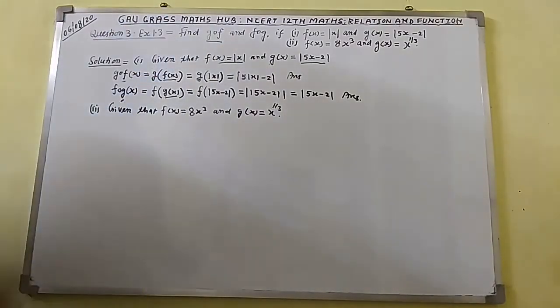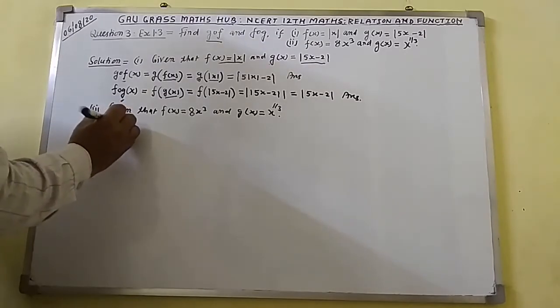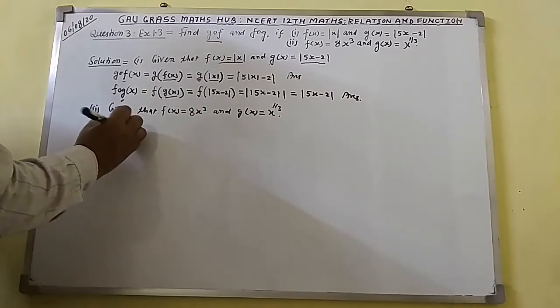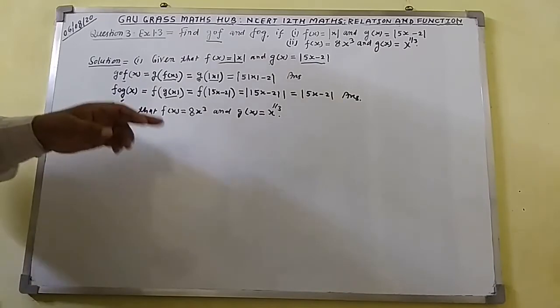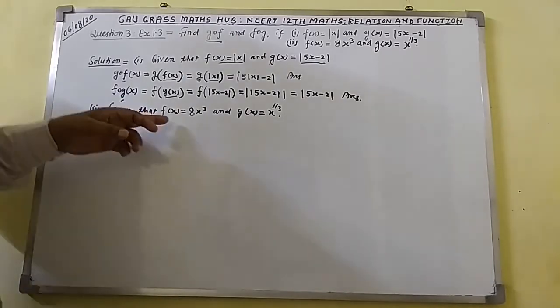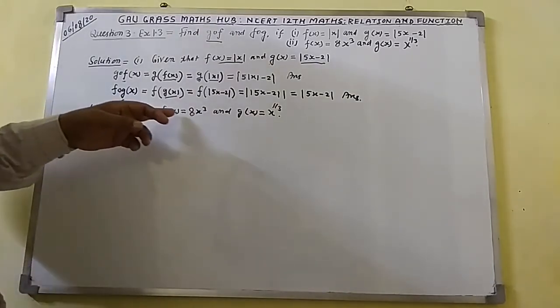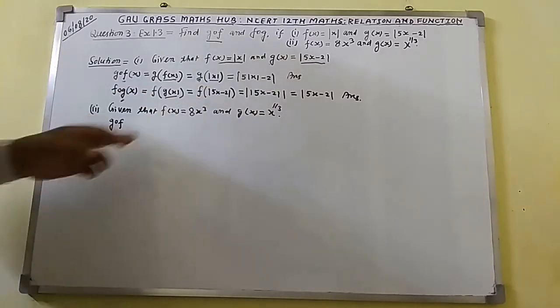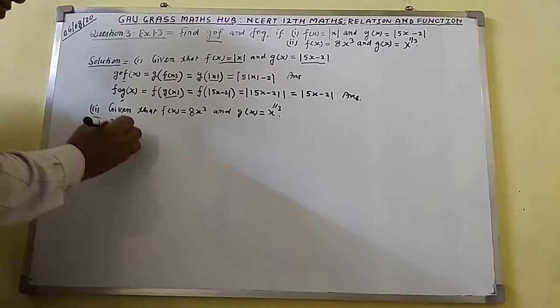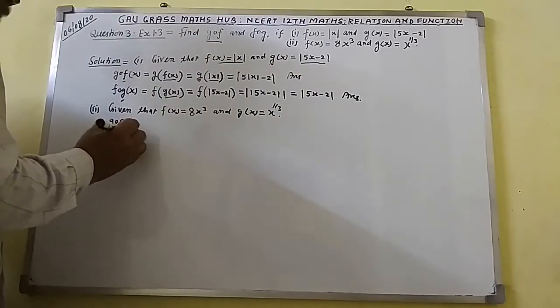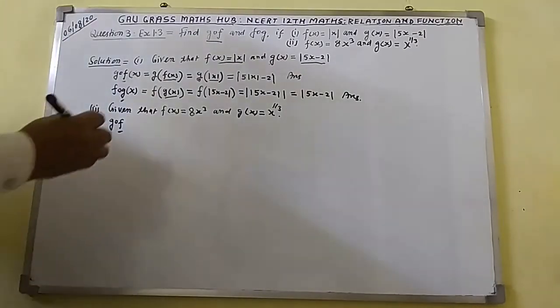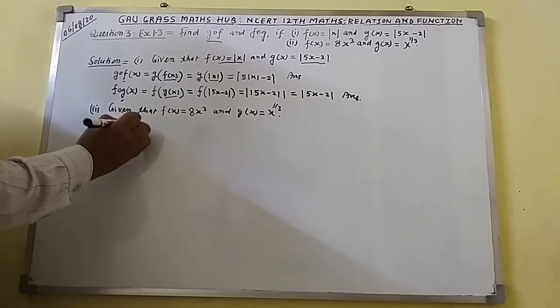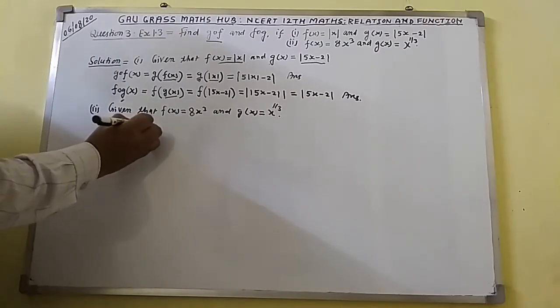g of f. So here I shall write g of f. Here you can see in this case also f is related to x. Here also g related to x. That's why here in g of f, last letter is f. f will be related to x. Here write x equal to.